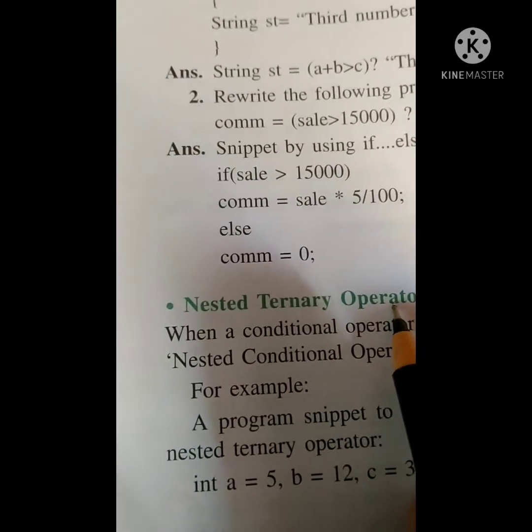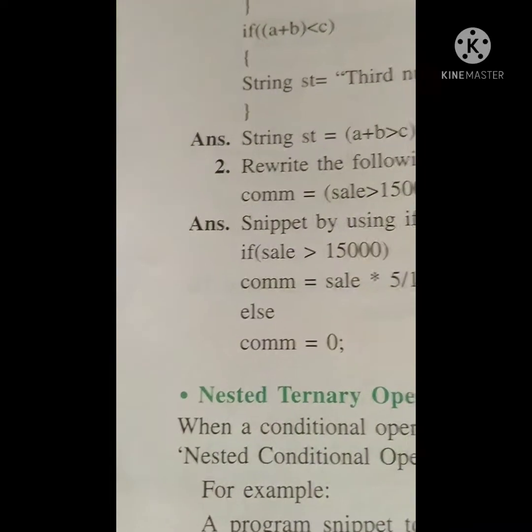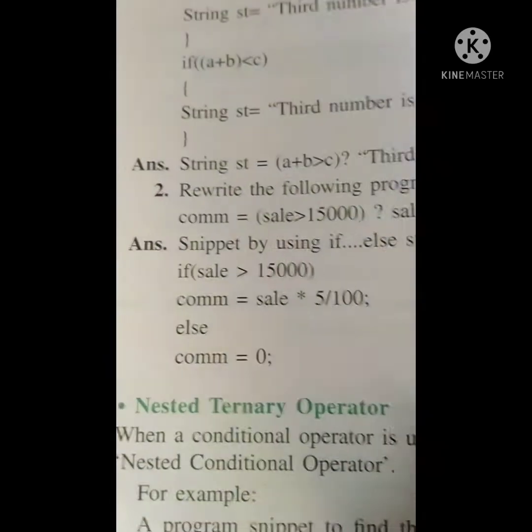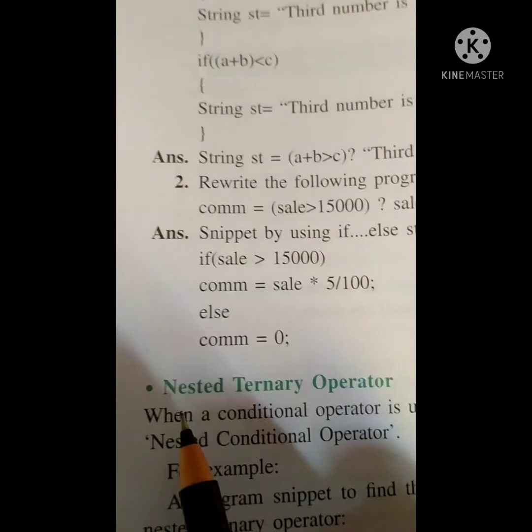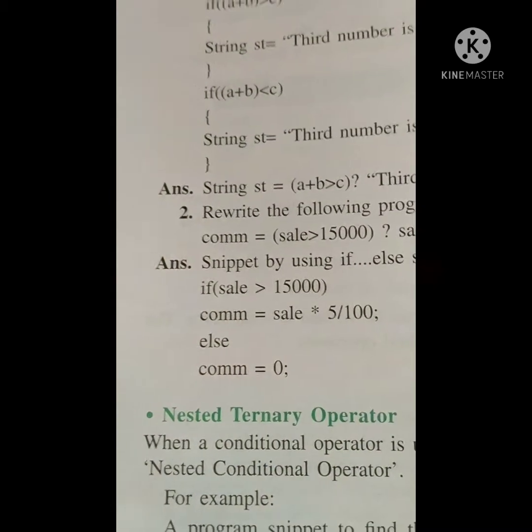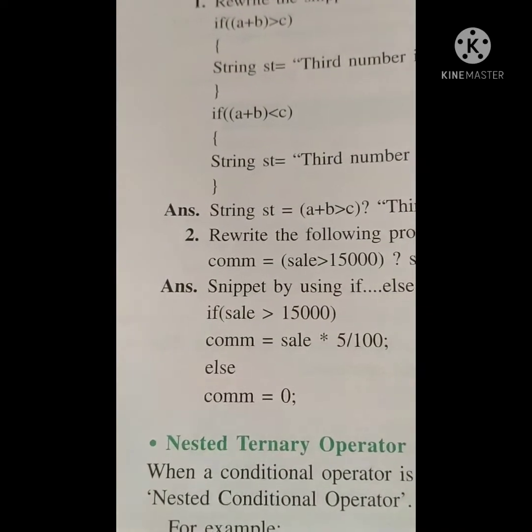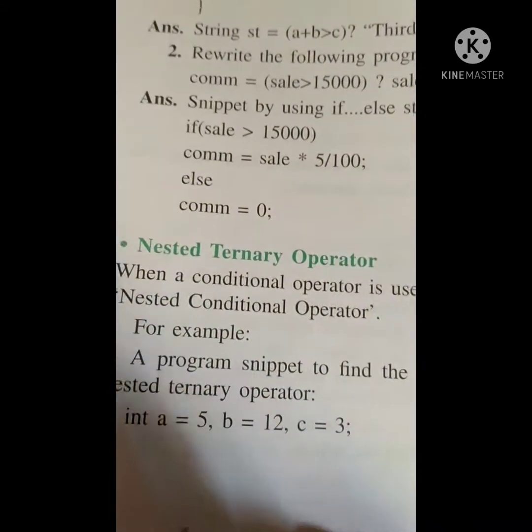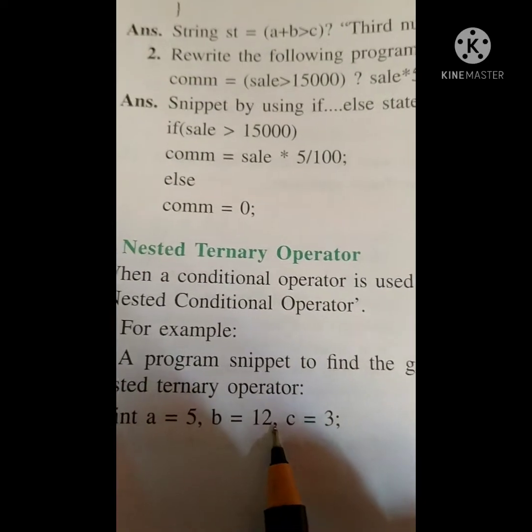Nested ternary operator: we use it with more than two or three variables. If we do a comparison of three numbers, then we use nested ternary operators. It means a statement inside a statement in the ternary operator. Like in this example, a is the first number, b is the second number, and the third number is c.